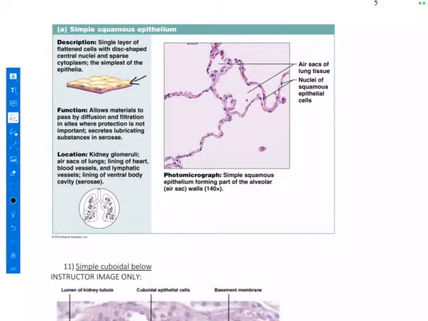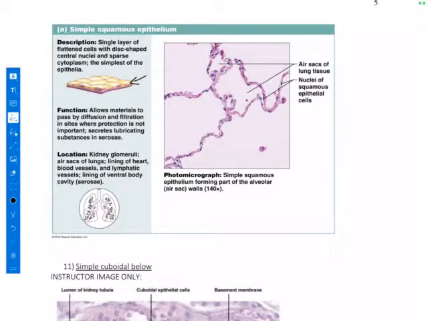And this is the thinnest type of epithelial tissue in the body because it's a flat, thin-shaped cell, and it's also a single layer. The simple squamous permits rapid diffusion or transport of substances through its tissue. It also secretes serous fluid.